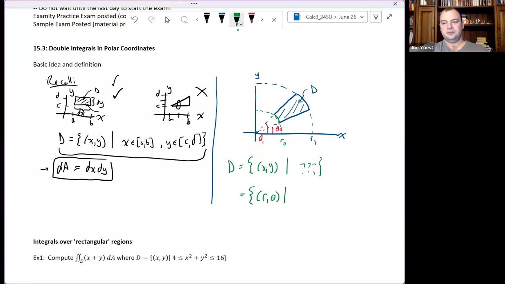What if, instead of choosing an x value and a y value to give me a certain point in the two-dimensional plane, I were to choose a certain radial distance away from the origin and a certain angle of inclination from the x-axis? That also uniquely determines a point in the 2D plane.